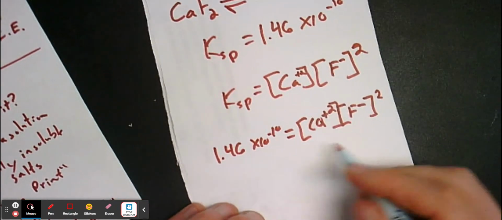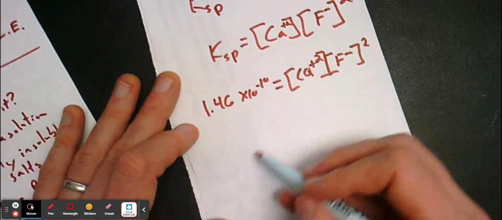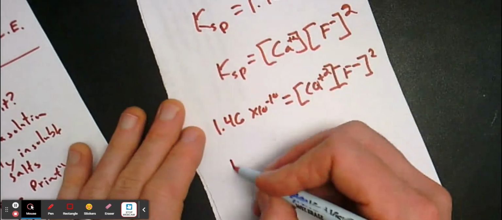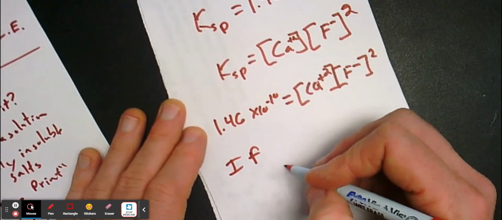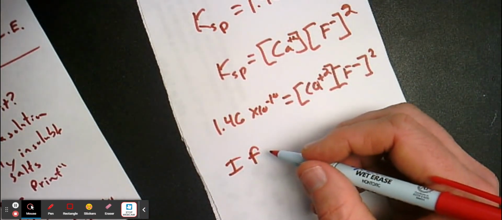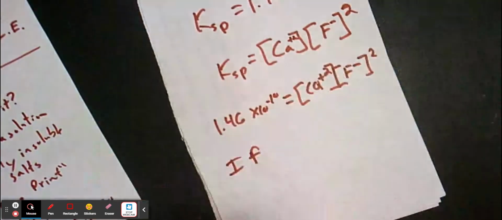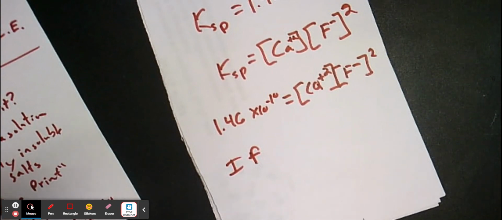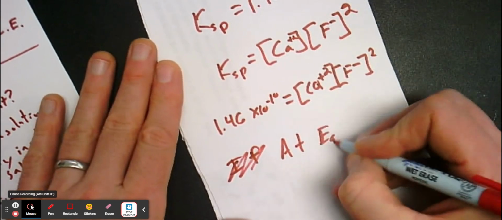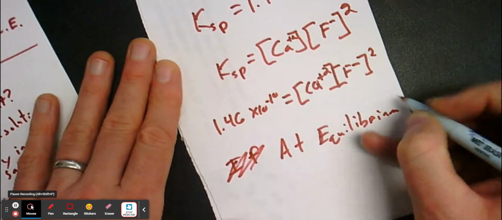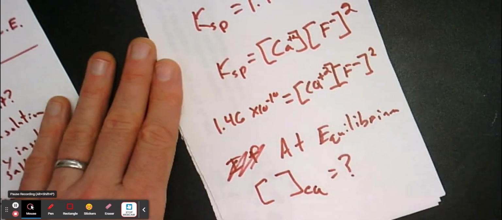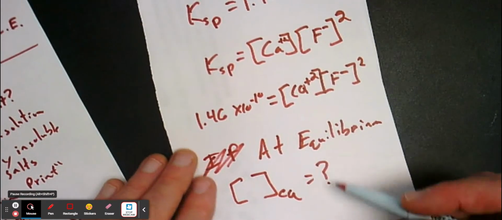Now to solve this, I'd want an ice table. So what's my concentration at equilibrium going to be equal to?